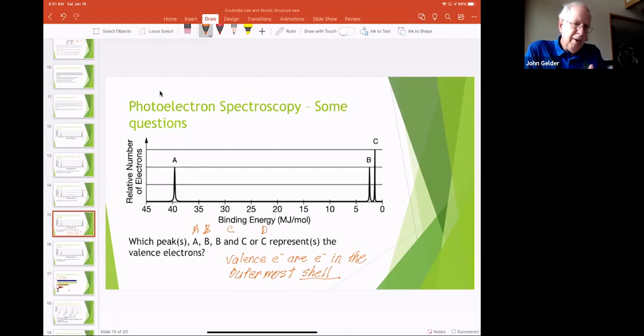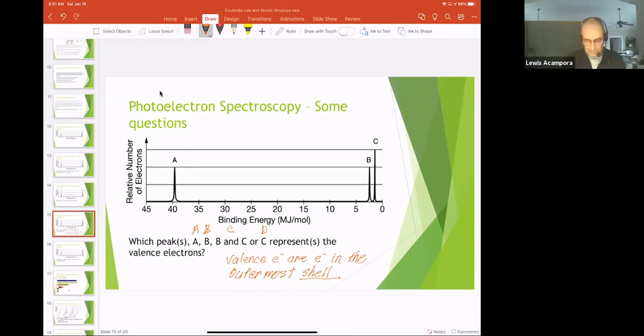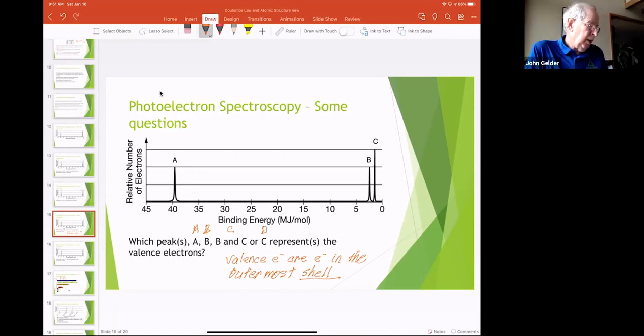The proximity of peaks to each other gives us a suggestion of the number of shells in a PES spectrum. So clearly the A electrons and the BC electrons are well separated in energy from each other, but the B and the C are very close to each other. And so choice C is the correct answer, those 5 electrons are the valence electrons in this particular case.